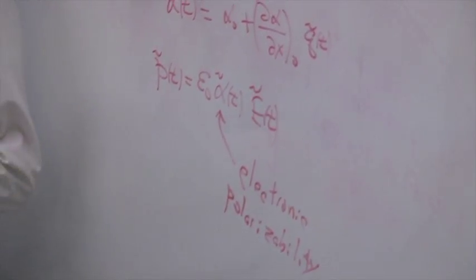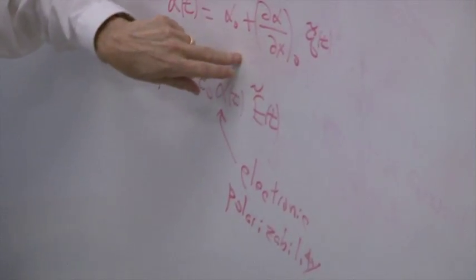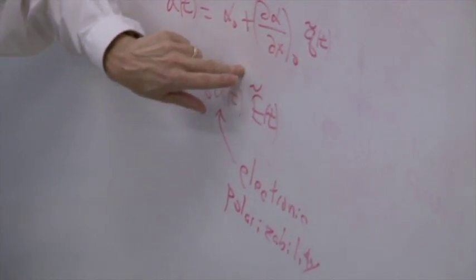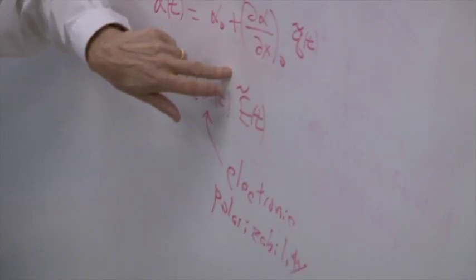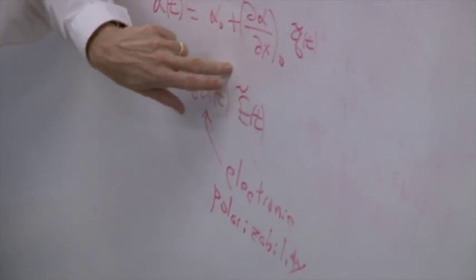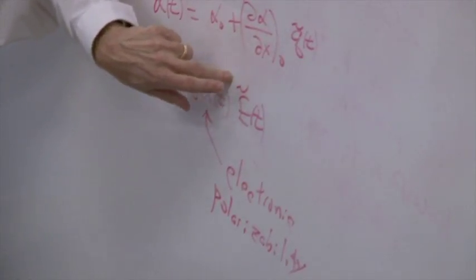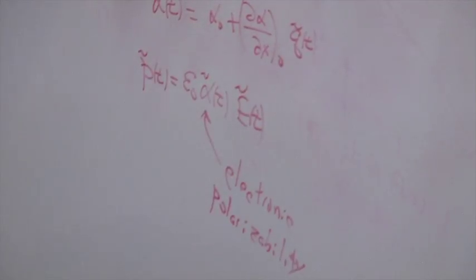So this is a coupling between two different degrees of freedom, that the molecular degree of freedom modifies the electronic polarizability. I think it was 10 years after I'd written the book that I caught on to the subtlety of this statement here. So think that one through.